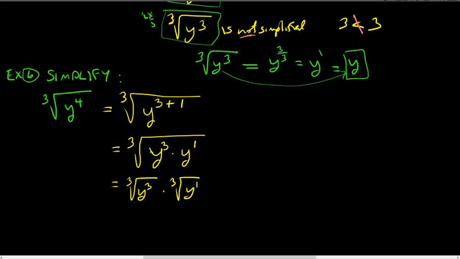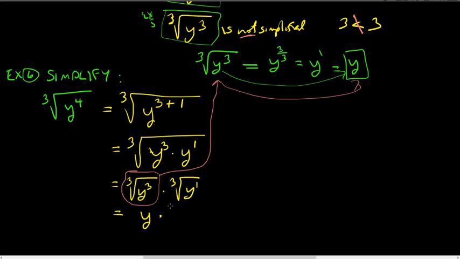Okay, so now what? Well, notice that this first factor here, the cube root of y to the 3, we simplified that already. We simplified that, and that just became y. So this first factor here is just y. And what's the second factor?